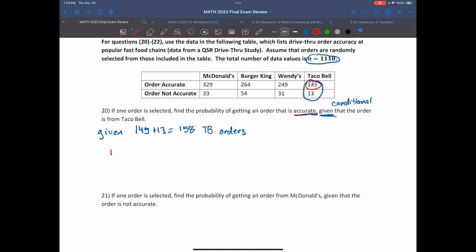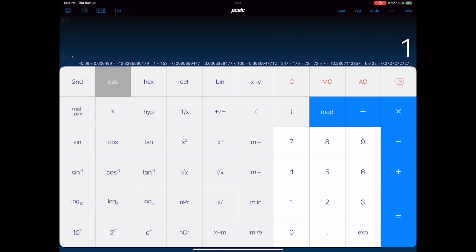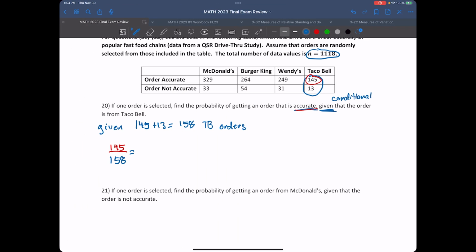So here we have 145 out of the 158 orders. That's going to give us our desired probability. So 145 divided by 158 is 0.92 or 0.918. So approximately 0.918.